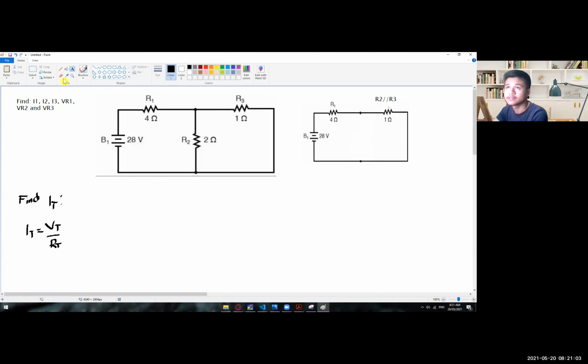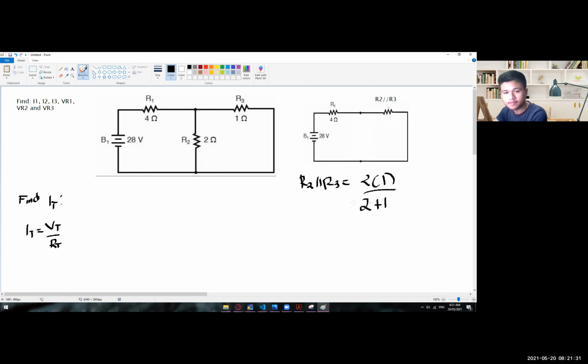This is not 1 ohm anymore. To get the value of R2 and R3, we need to solve for that. Since we only have two resistors, we can use this formula: 2 times 1 divided by 2 plus 1.